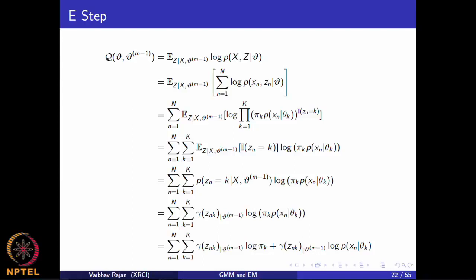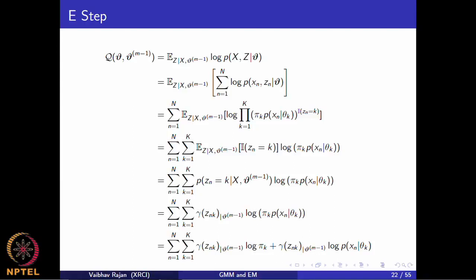So, the expectation is only over this indicator function, and the expectation of an indicator function just gives us the probability. You have the probability of z_n equal to k, again given x and the previously guessed parameter values, and the log just remains.